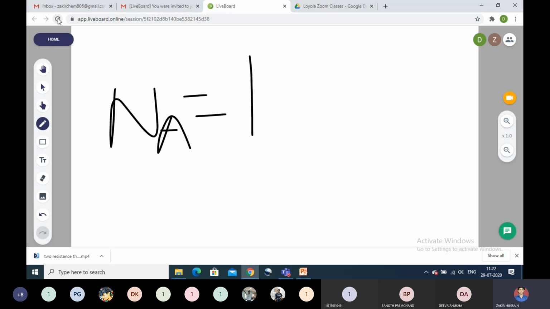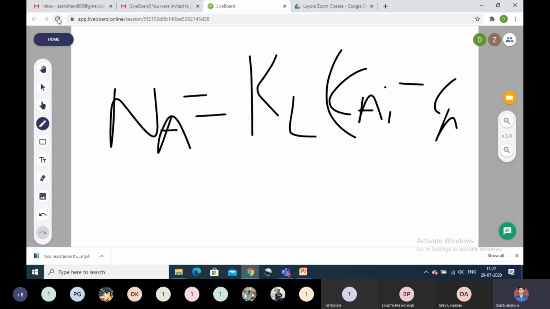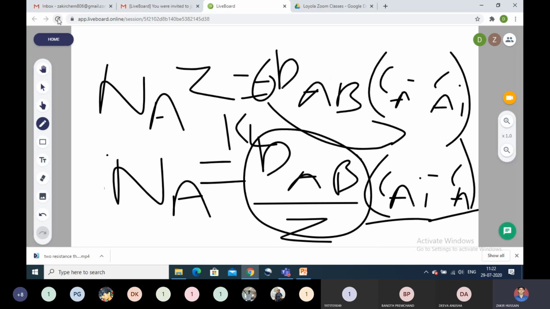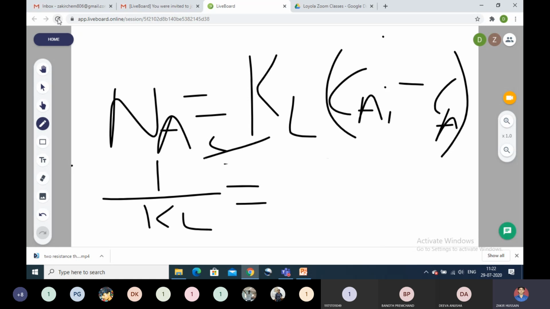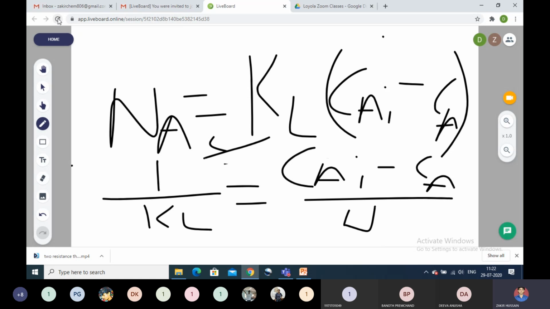So NA is equal to KL into (CAI minus CA). Take this as equation 3. Sending KL to this side, we can write 1 by KL is equal to (CAI minus CA) by NA.